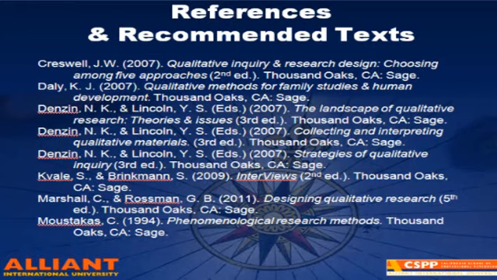If you're going to do interviews, the next book, the Kvale and Brinkmann book, can be helpful. The Marshall and Rossman book I really like as an introduction to qualitative research. And then the Moustakas book is for if you're going to do phenomenology. Again, I'll talk about that more in the next meeting.